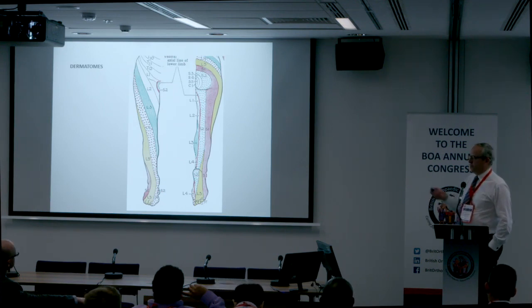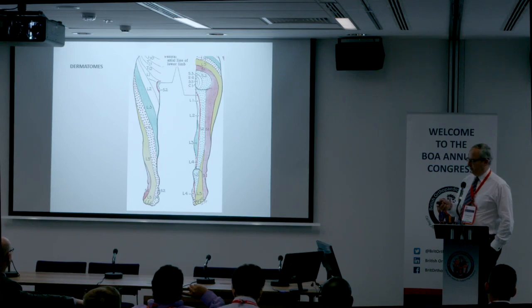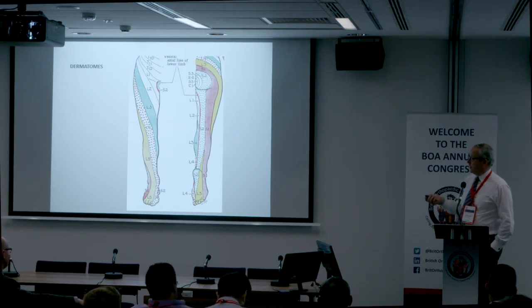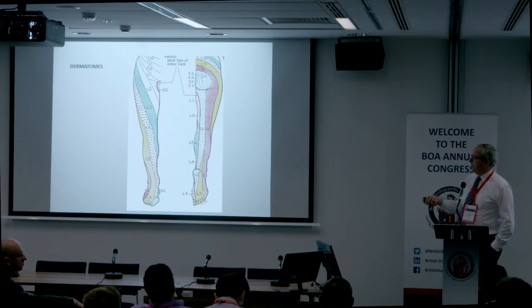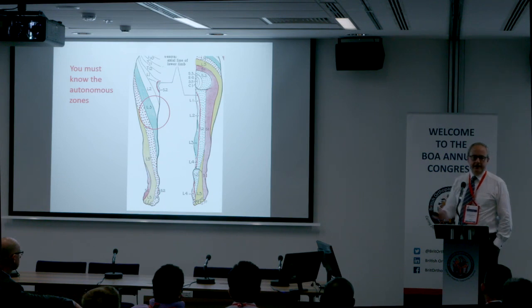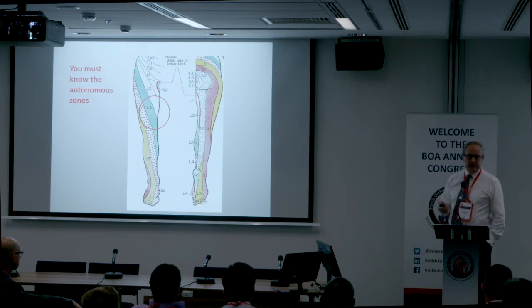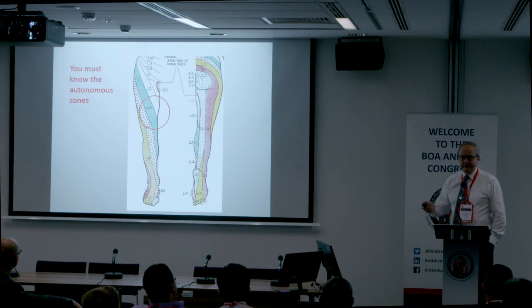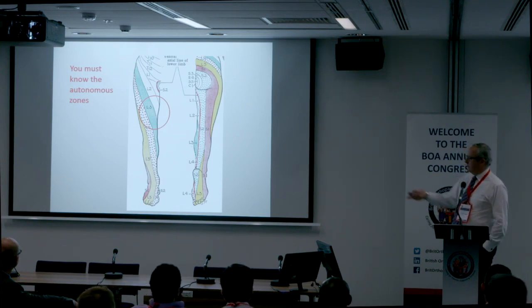These are some of the dermatomes. You need to have an idea of the dermatomes of both the upper and lower limbs and the trunk, of course. You must know some of the autonomous zones. It's no good just wafting your hand vaguely around the leg and saying that seems normal, because the examiner will say, so where's the autonomous zone for L5 then? And you say first web space, tick.